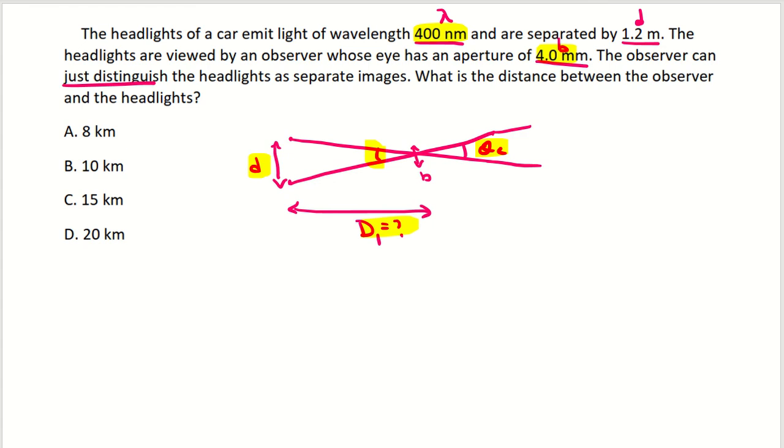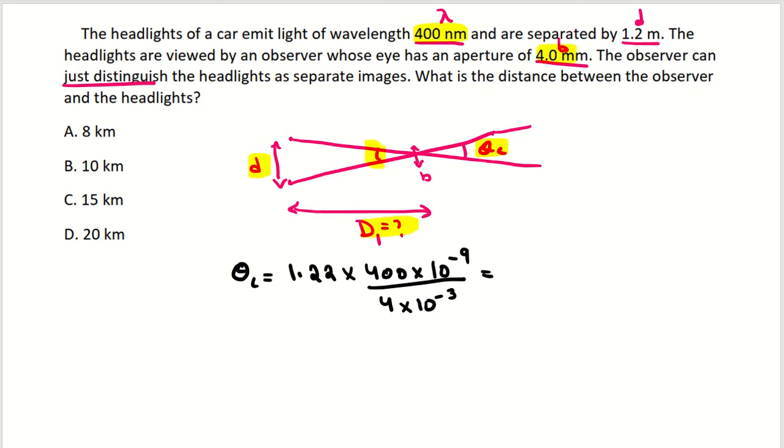If I'm going to do it here, theta c is equal to 1.22 times lambda. Usually students forget to add this 1.22, and here the answer varies. So here I converted from nanometers to meters, over b, and b is in millimeters, so times 10 to the power of negative 3.